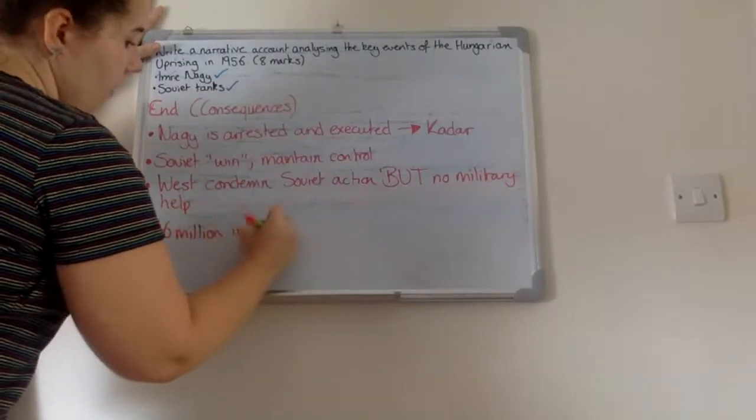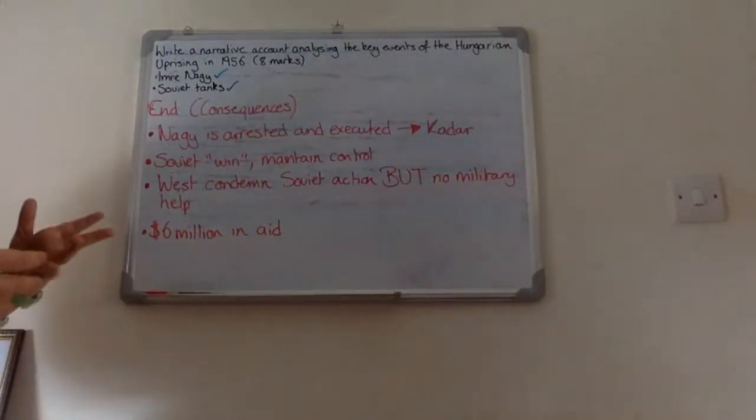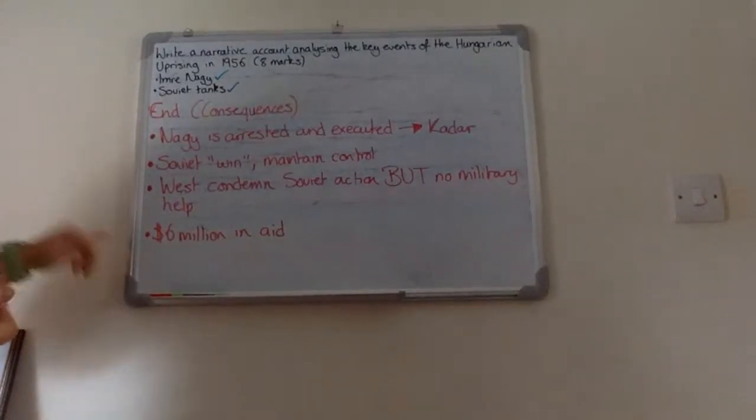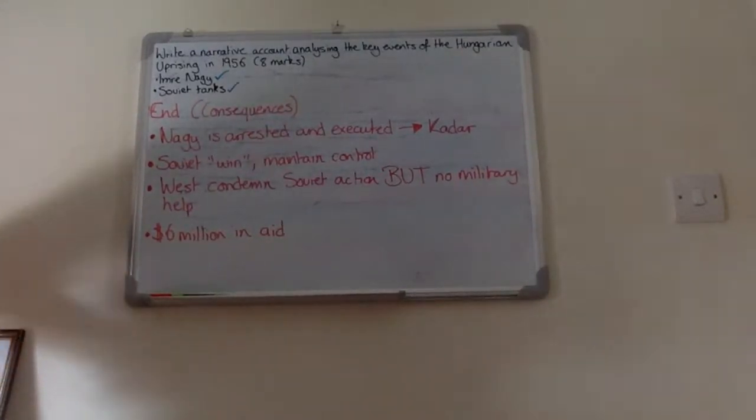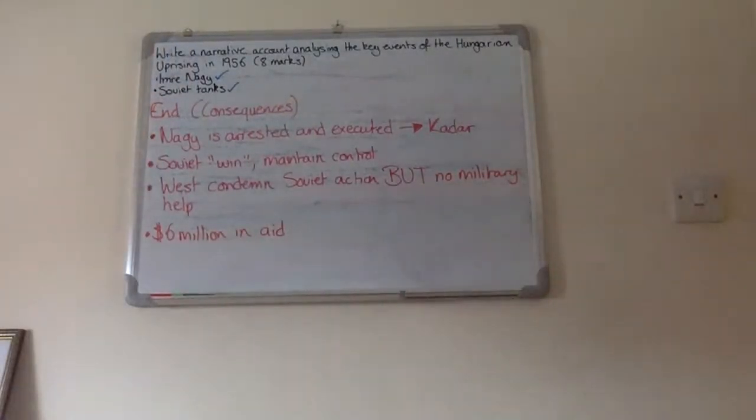But we do know that they raised $6 million in aid to help the Hungarians. And that is also specific extra information that you know about the Hungarian uprising, which is unique to the situation. Once again, I'm going to take a picture of this and pop it into Teams for you.